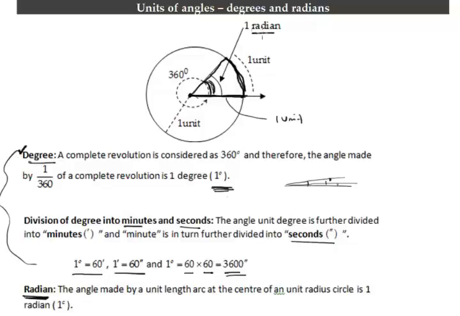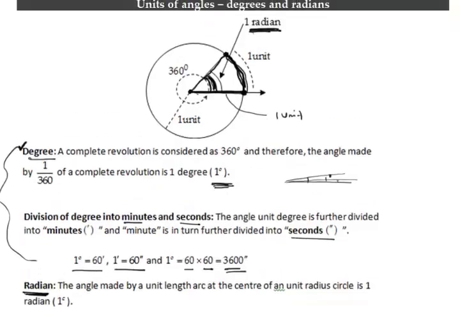This angle is called 1 radian. That means if we take a circle of 1 unit radius, and from a point on its circumference we move 1 unit, then these 2 points make an angle at the center. This angle is 1 radian.